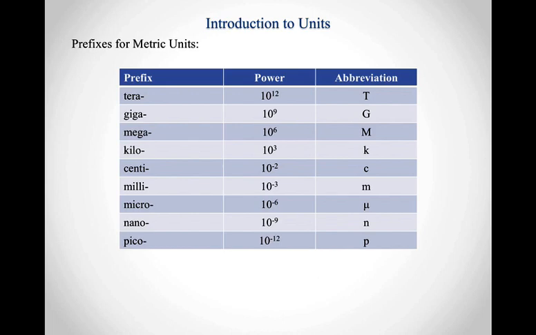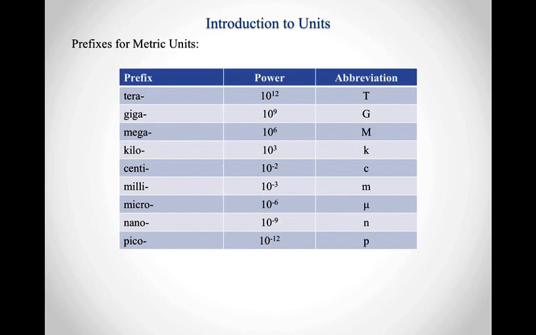You'll notice that in going from, say, mega to giga, you've gone from 10 to the 6th to 10 to the 9th. That means mega is another way of saying a million, giga is another way of saying a billion, and there's 1,000 times more in a billion than there is in a million. That's why the 3 becomes 6, becomes 9, becomes 12, or the minus 3 becomes minus 6, minus 9, minus 12.